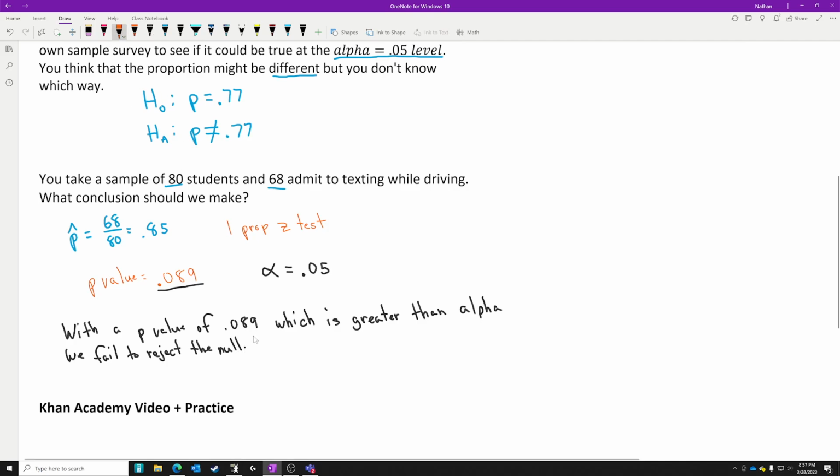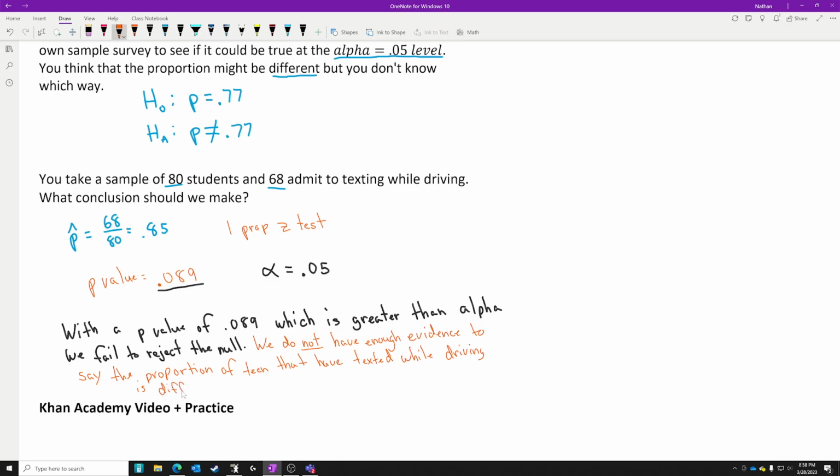We do not have enough evidence to say the proportion of teens that have texted while driving is different.